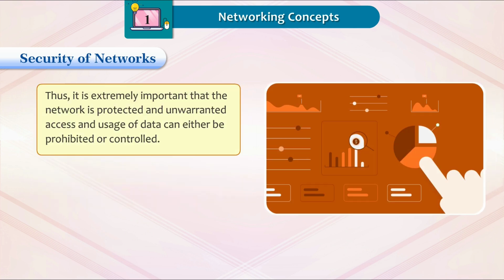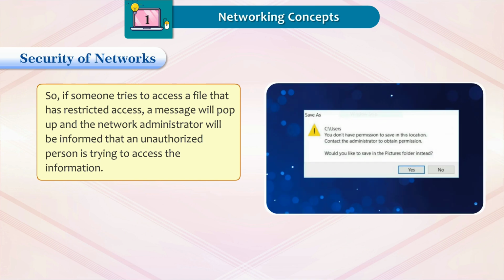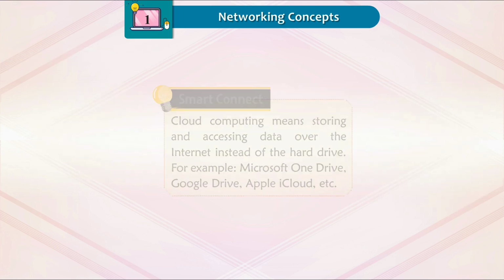Thus, it is extremely important that the network is protected and unwarranted access and usage of data can either be prohibited or controlled. So, if someone tries to access a file that has restricted access, a message will pop up and the network administrator will be informed that an unauthorized person is trying to access the information.